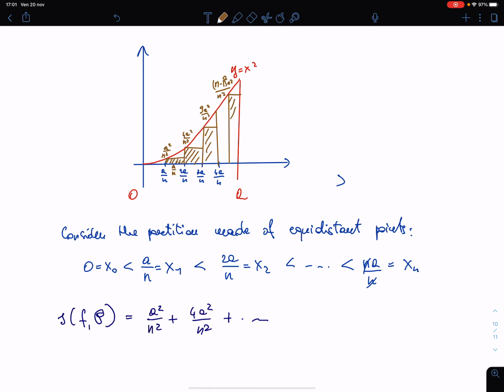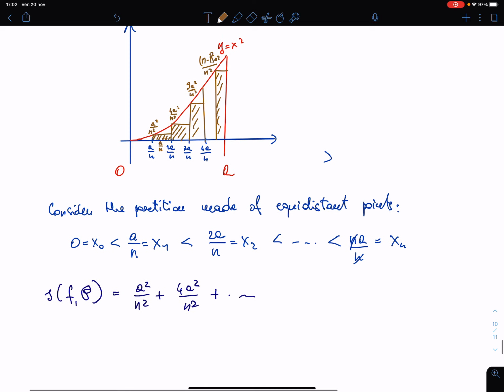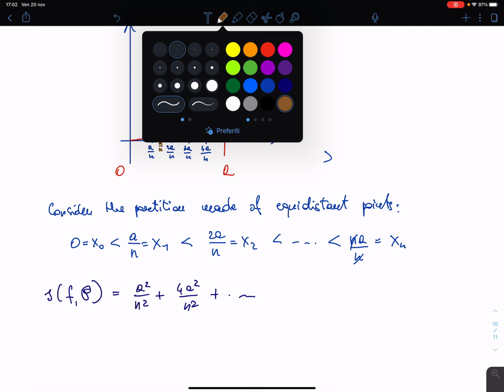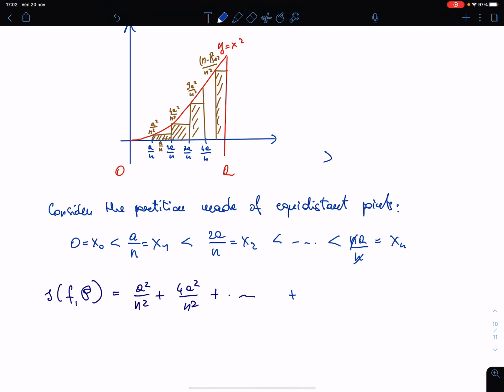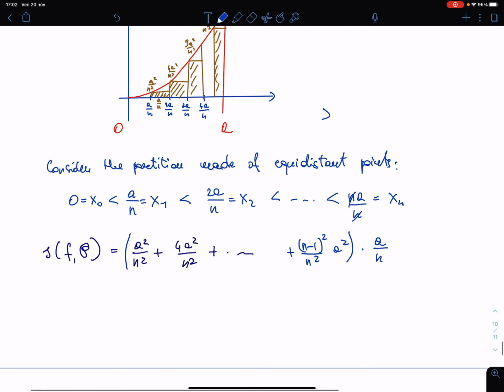And this is the last rectangle. These are only the heights, and then every height has to be multiplied by the base, which is always the same. So we can collect it out, and we have a over n.